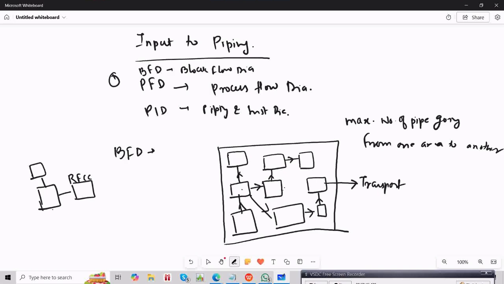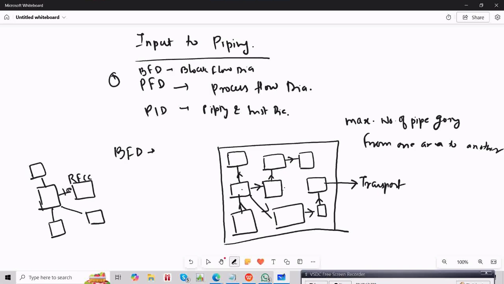Then there is one more unit, 20 lines going to HGU, the hydrogen generation unit, and another 20-30 lines going to another unit. So if you know that there are 100 pipes going from CDU to RFCC, you will always keep the RFCC unit next to the CDU unit, correct?